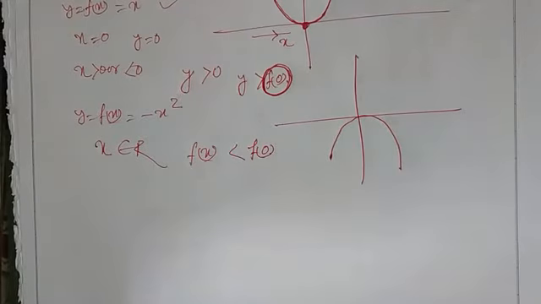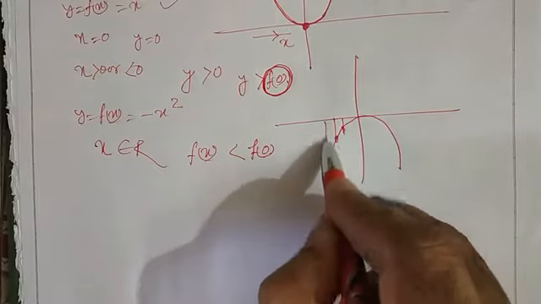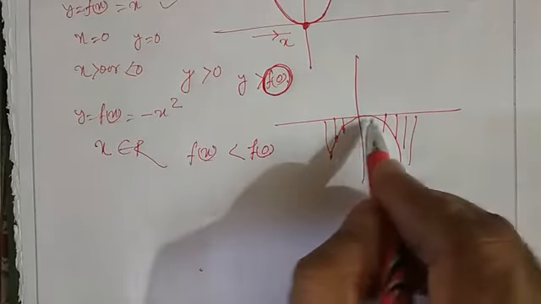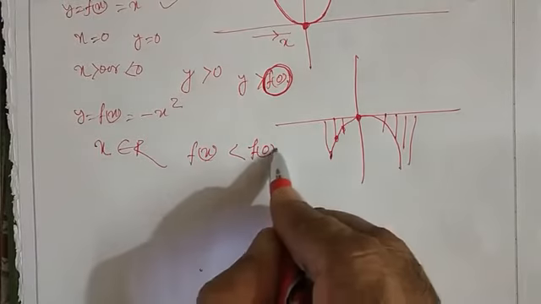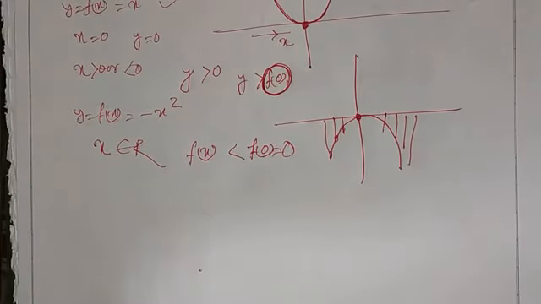Am I right? What is f(x)? These are f(x), the values of the y coordinate. All are negative, but the highest value is 0. This is the common, basic idea of maximum or minimum of a function.